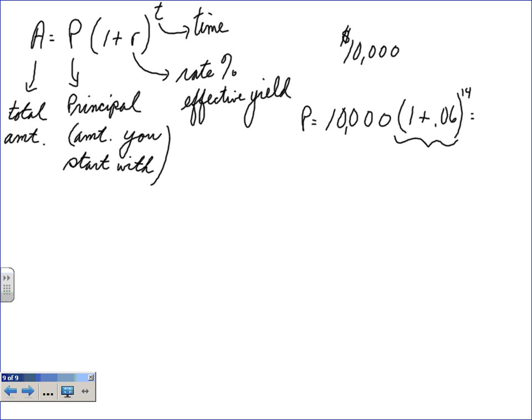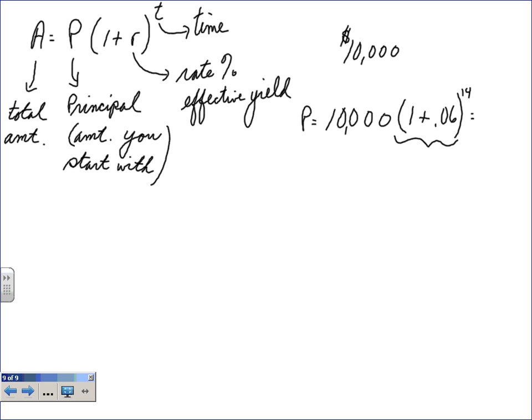So after 14 years, by the way, this is compounded every year, meaning at the end of the year, they're going to give you the interest on $10,000. At 6%, you'll have $10,600 at 1 year. At the second year, they're going to give you 6% of not 10,000.